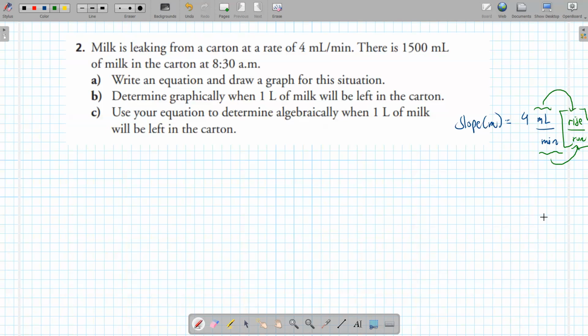Look, the units give it away. 4 milliliters per minute, right? Slope is always rise over run. So we know on the y-axis the unit is milliliters, and on the x-axis the unit is minutes. So that means what's our y and what's our x?